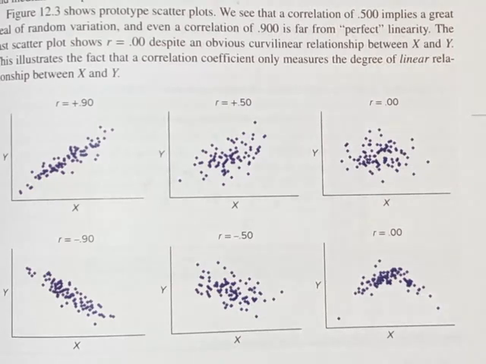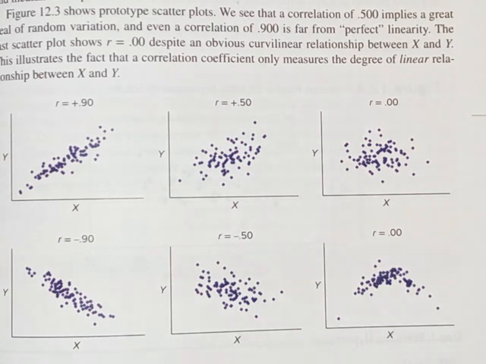Our graph has a correlation coefficient, but I only have 5 data points. So I could ask, is this a good estimate of what's really going on all the time?